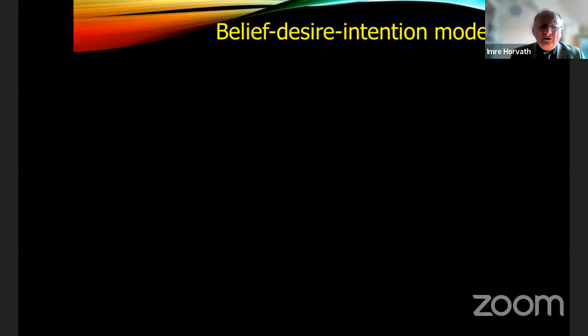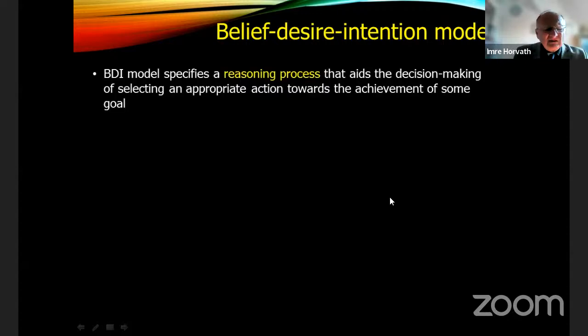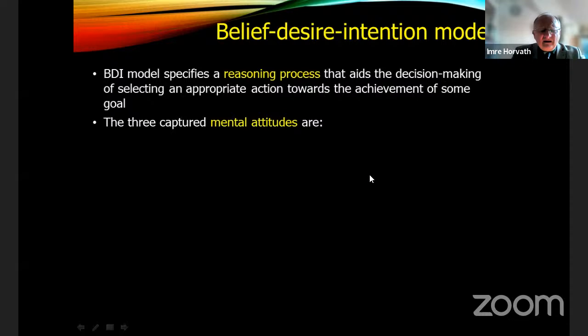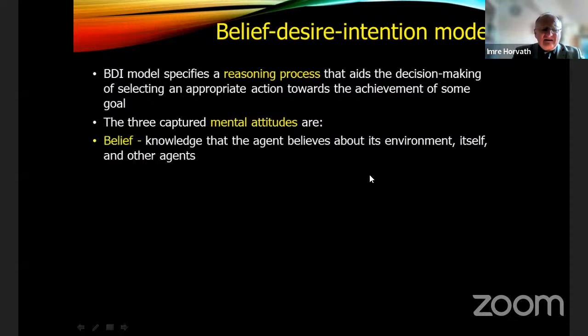This model is called the belief, desire, intention model, and in the literature very often referred to as the BDI model. The BDI model specifies a reasoning process that aids the decision making of selecting an appropriate action towards the achievement of some goal. The three captured mental attitudes are reflected by the name: the belief, the knowledge that the agent believes or assumes about its environment, itself, and other agents.